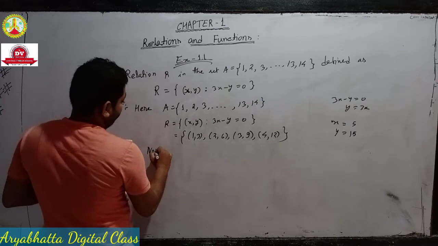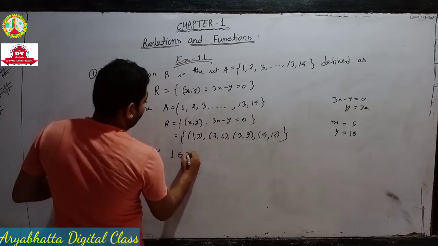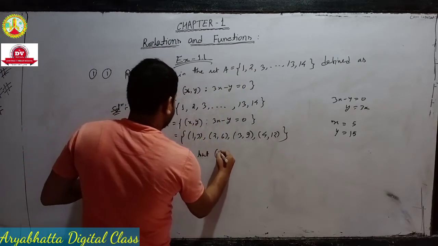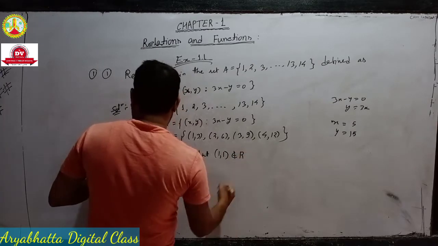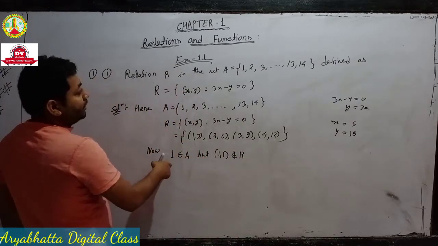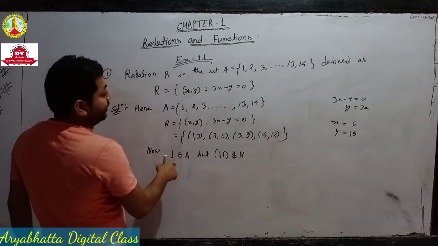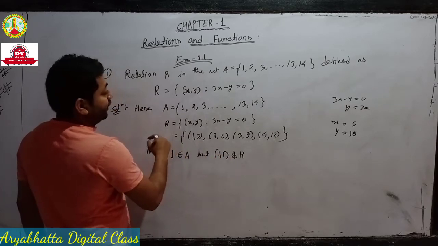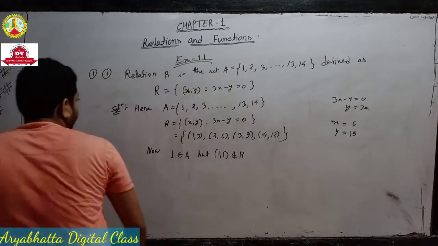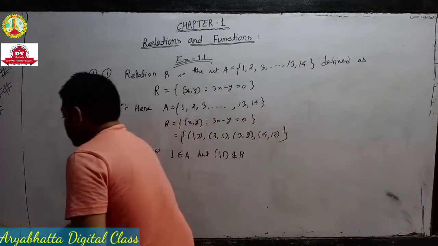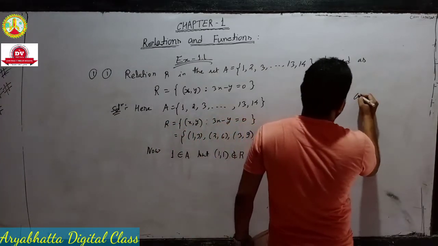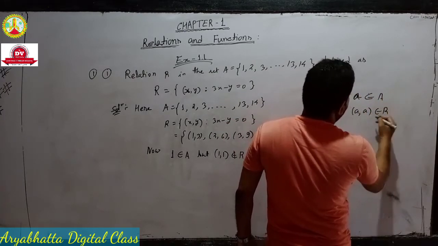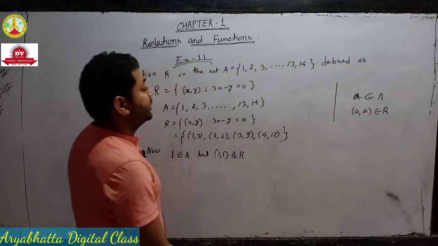Now, 1 belongs to A. 1 is an element of set A, but the ordered pair (1, 1) does not belong to R. We know that if (a, a) belongs to R for every a in A, then the relation is called a reflexive relation.